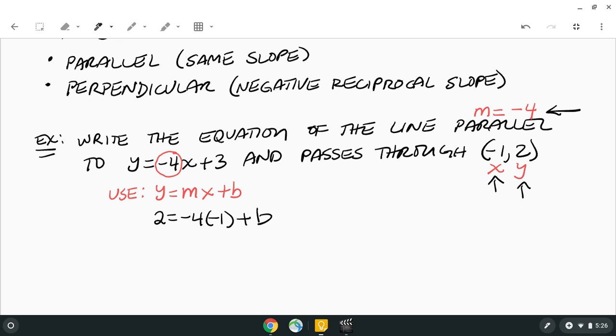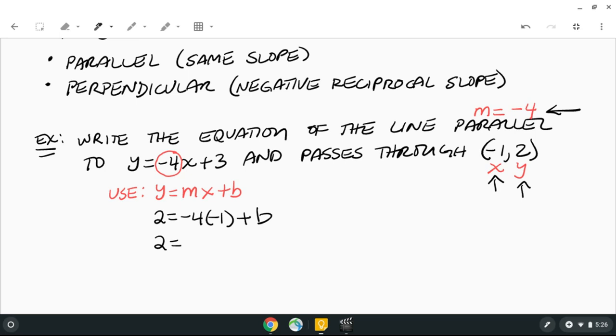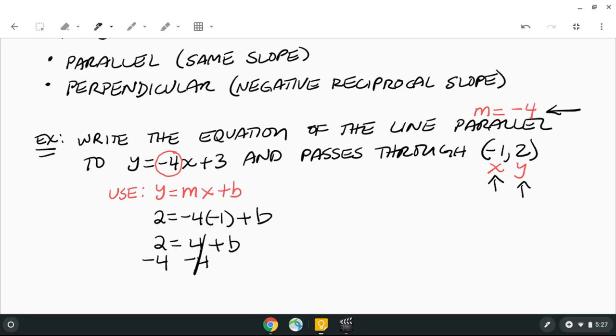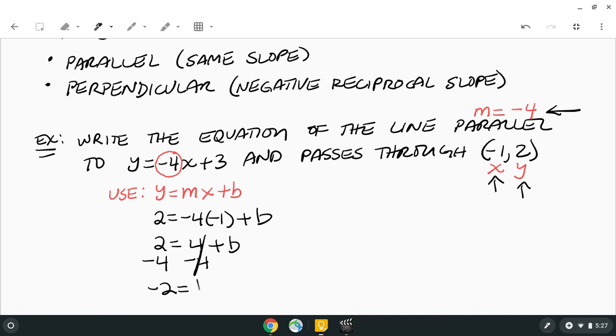Okay, so let's work this out. 2 equals negative 4 times negative 1, which is positive 4. And now I can solve for b by subtracting 4 on both sides. They cancel out. So I get that negative 2 equals b.